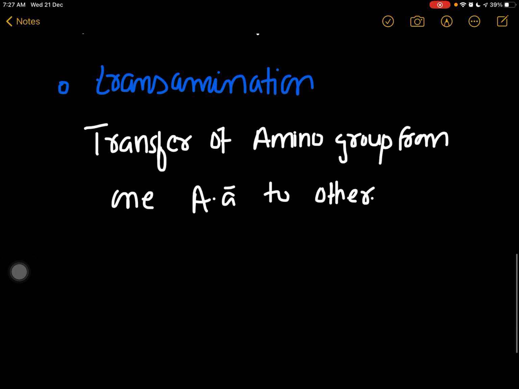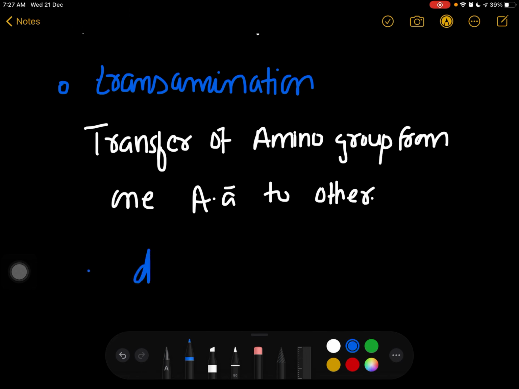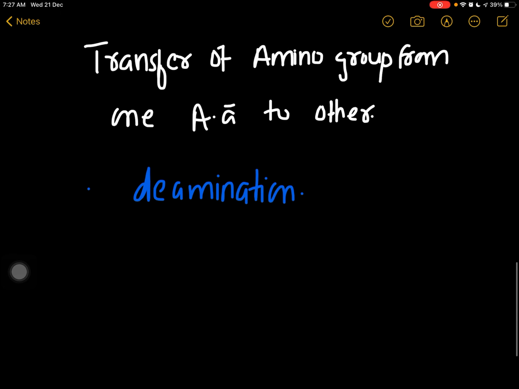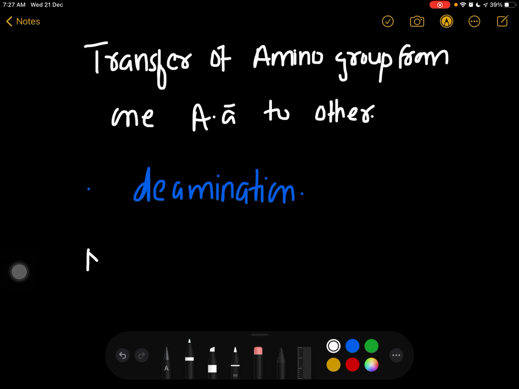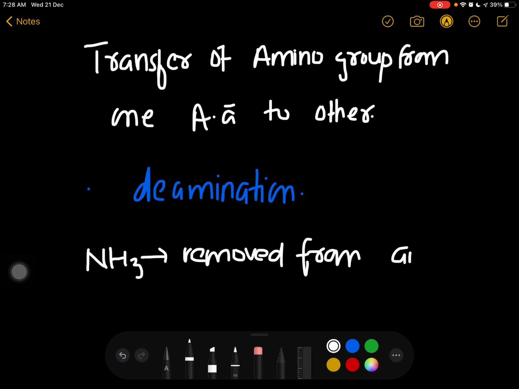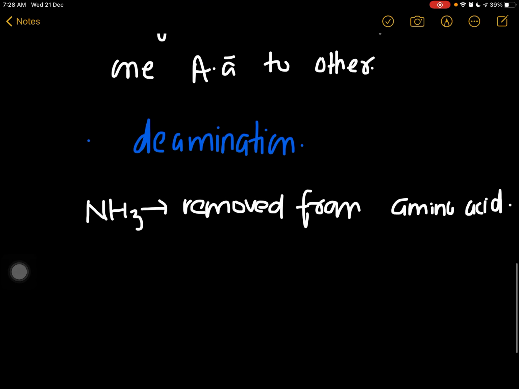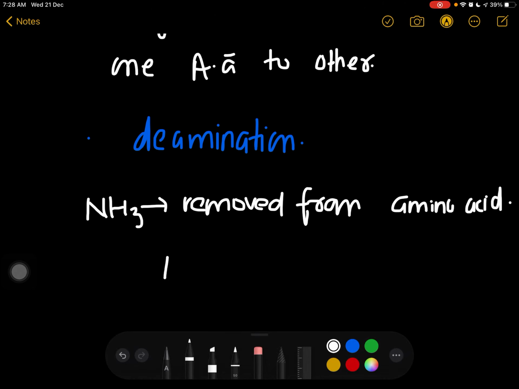Now second is deamination. What does that mean? In deamination, the amino group, which is NH3, will be removed from amino acid, and then ammonia will be formed.